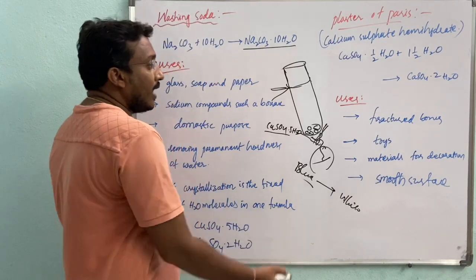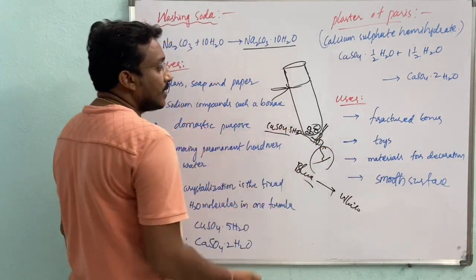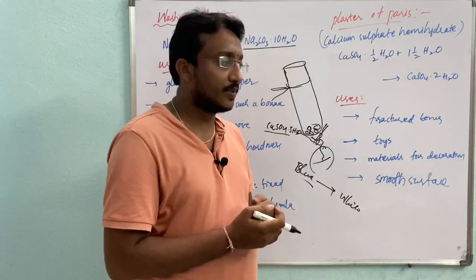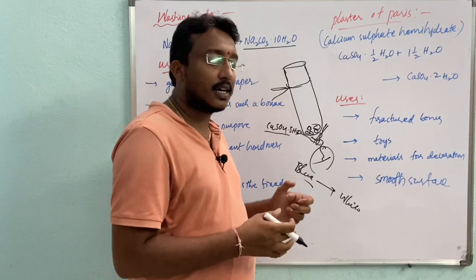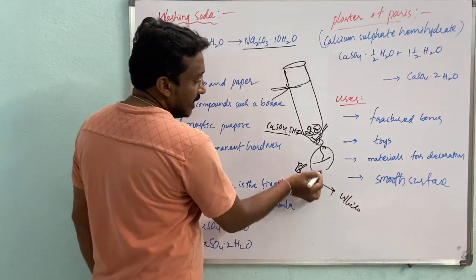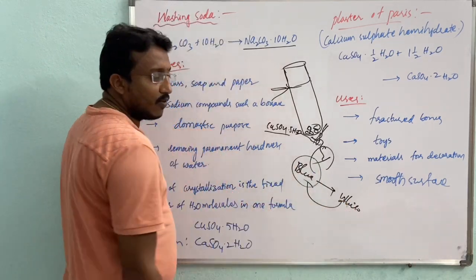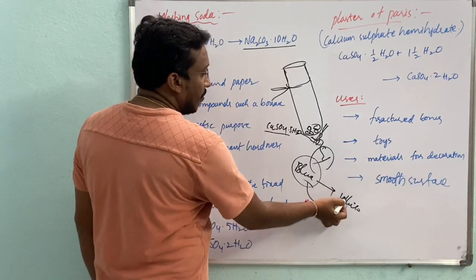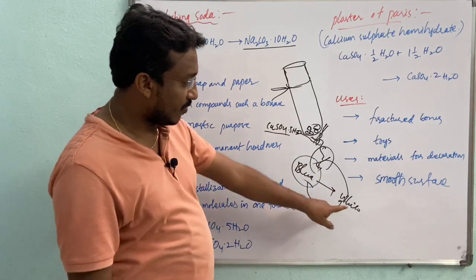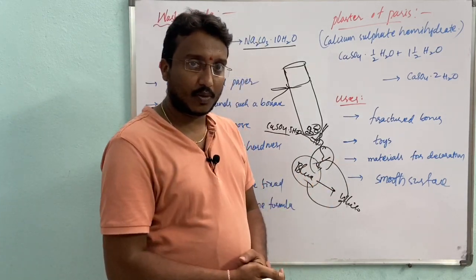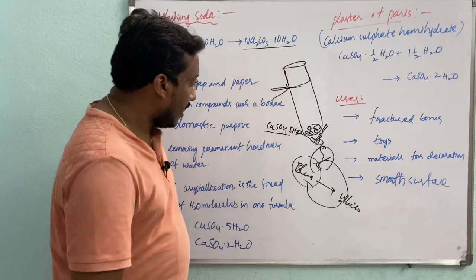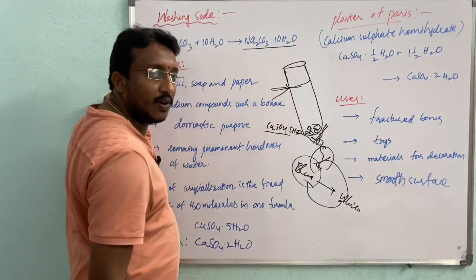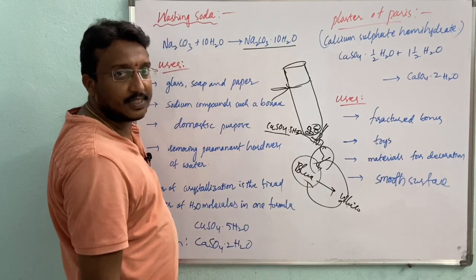That means while heating, the water present in the copper sulfate crystals is evaporated, so that's why it changes from blue to white. Then after adding a small amount of water to that copper sulfate, it turns from white to blue again. Like that, one formula unit consists of a fixed number of water molecules of crystallization.